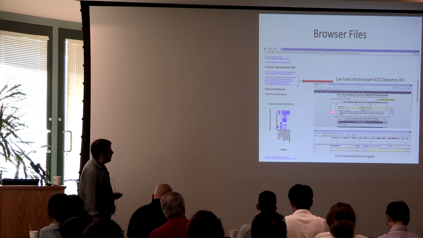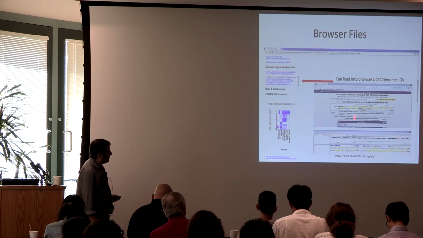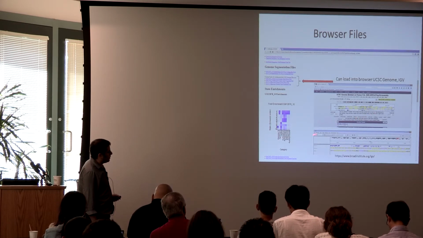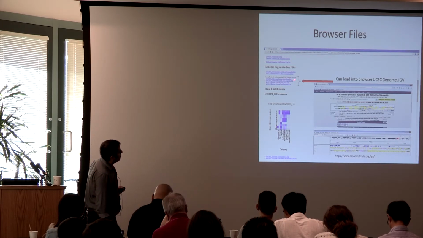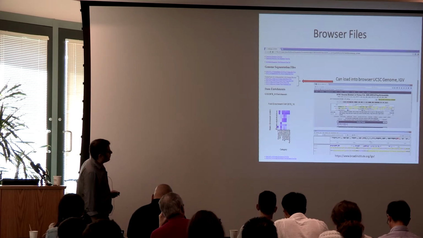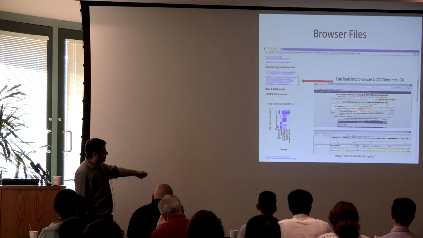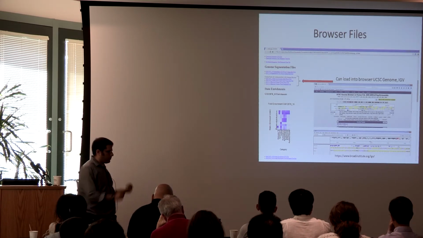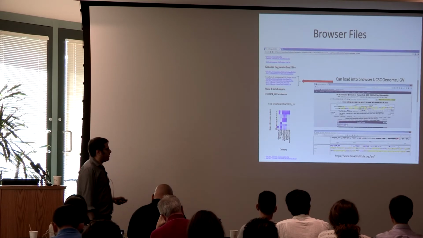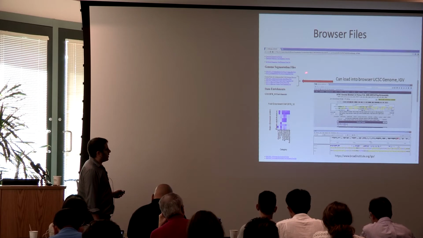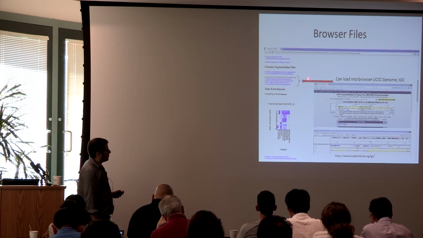You can take one of these files and load it in either through the custom tracks on UCSC, or there's an option here to load the files. There's two different formats. One is dense, which gives you things like this. There's also an expanded one which puts each state always on one line. I tend to use the dense format.